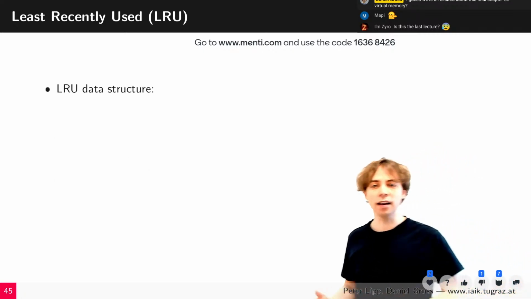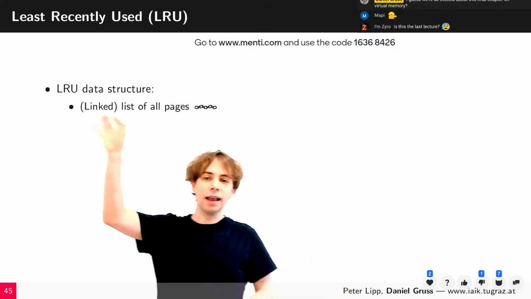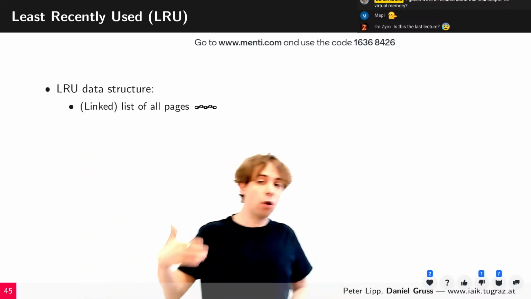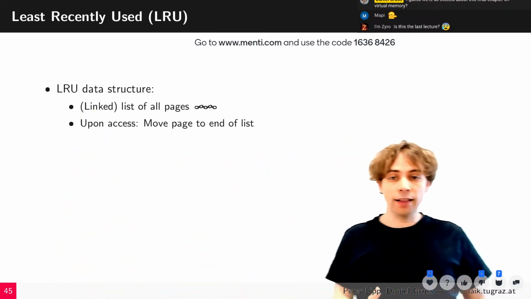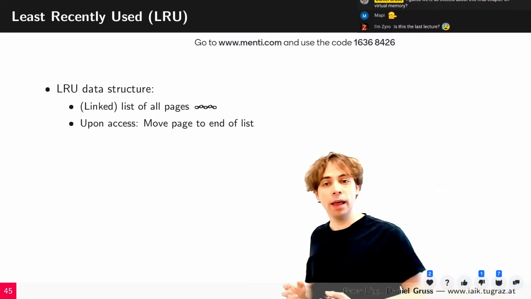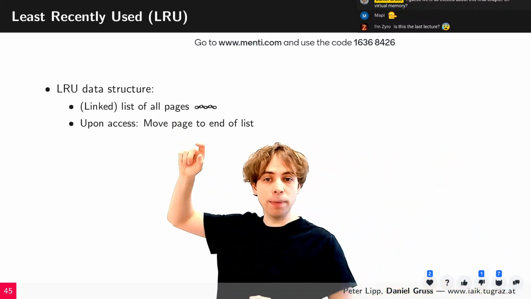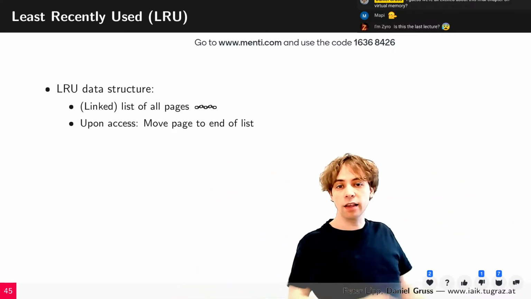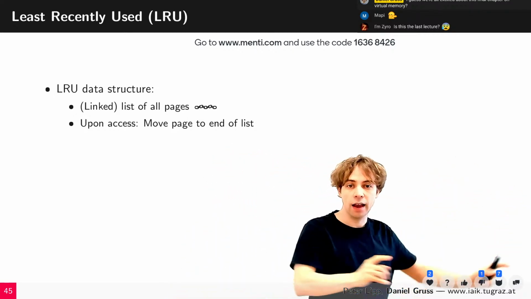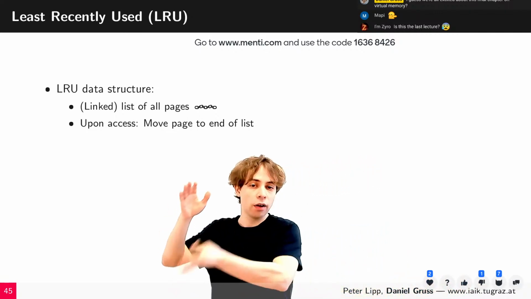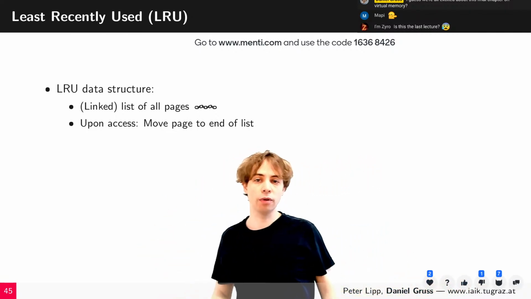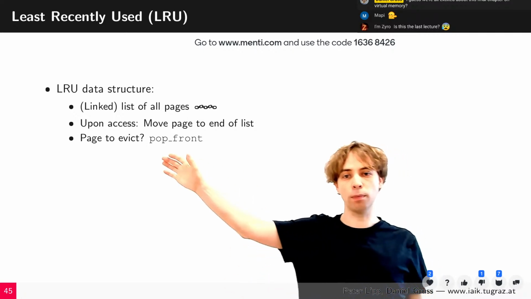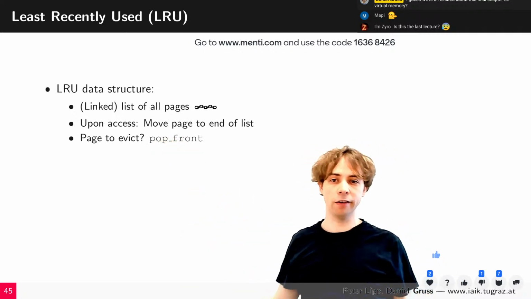And the LRU data structure could be, for instance, a list, maybe a linked list of all pages. And upon access, whenever you access a page, you move this page to the end of the list. So you always know at the end of the list, there are the important pages. At the start of the list, I can kick out those pages and throw them away. So you use pop front to evict a page.